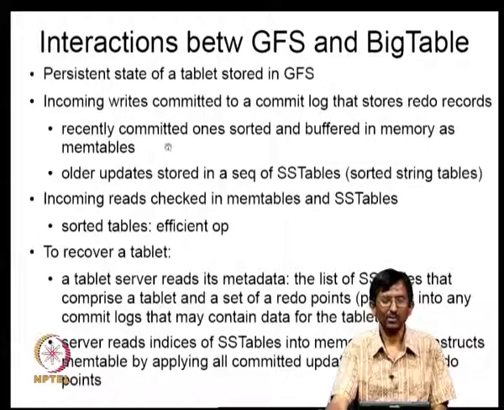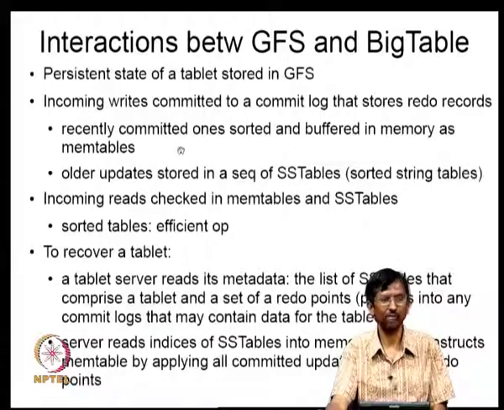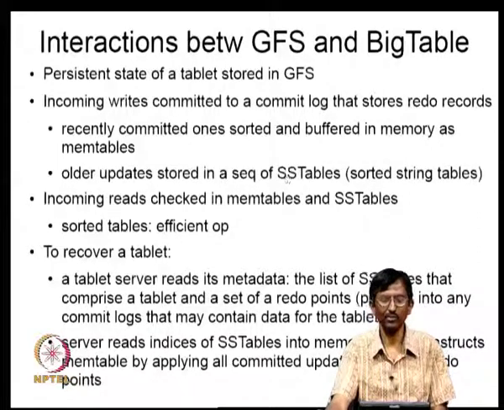And then just like in log structured file systems, once you are running out of space, for example memory, you can push out those reasonably full mem tables onto persistent storage, the SS tables, and this is what is being stored in GFS.